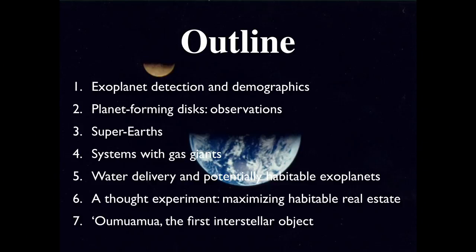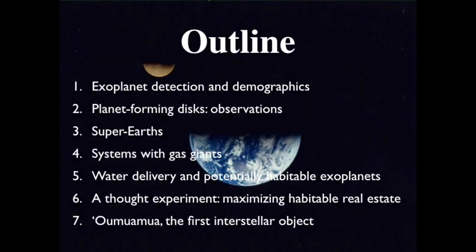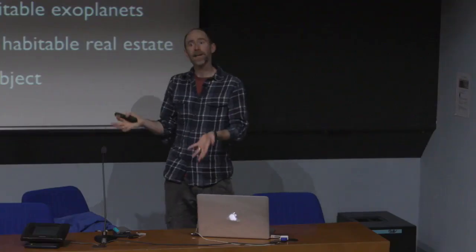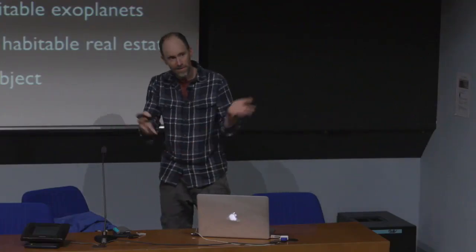Then I'll get to the more technical models of how planets form, the different categories of planets that we see. We'll talk specifically about super-Earth systems, then about systems with gas giants, and then about water delivery, how water gets onto planets that are predominantly rocky in the habitable zone that might have aliens on them, that we're all really interested in, really.